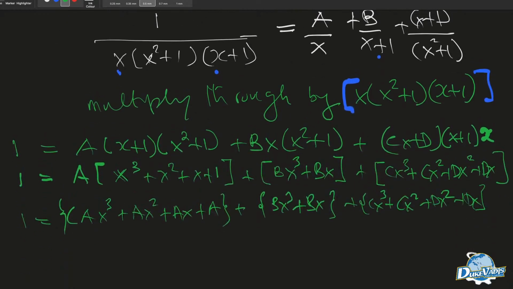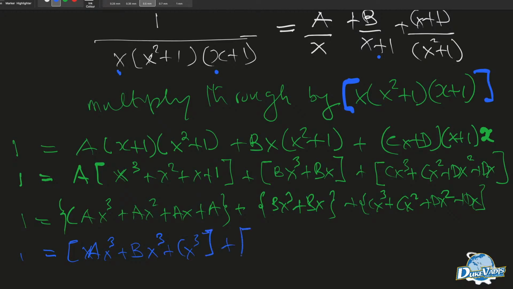So now let's put all the a's and all the cubes into one side. So all the cubes at one side, we are going to get our 1 to be equal to ax cubed plus bx cubed plus cx cubed as 1.